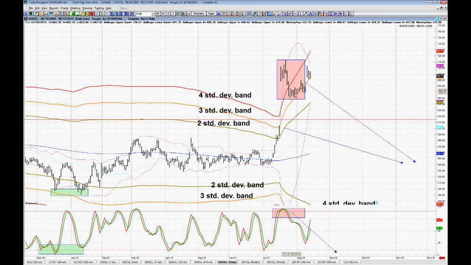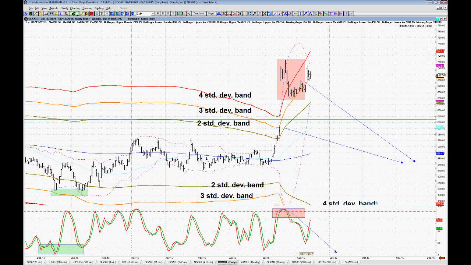Then what happens? Well, then there's less extreme. People have decided they're going to try it again, and they're trying to keep it now, as you can see in the past couple of days on this chart, above the 3 standard deviation band. But look, it doesn't have the explosive energy that it did here. So this movement above the 3 is what we call an echo move, with much less energy, much less enthusiasm, much less money.